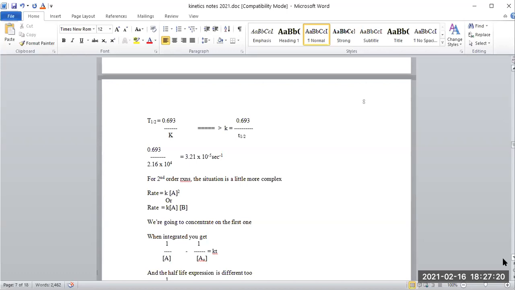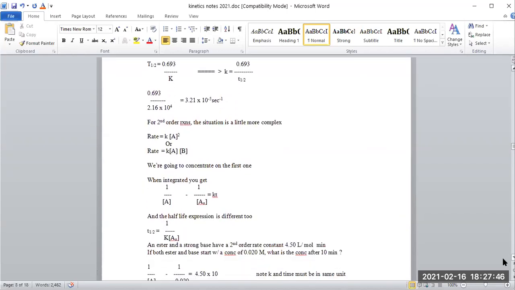That would affect your data. So you could have A, whatever it is you're looking at, squared, or you could have two things to the first power: your A to the first power, your B to the first power. Both are ways to get second-order reactions. Like I said, we're mostly paying attention to variations on the first one.